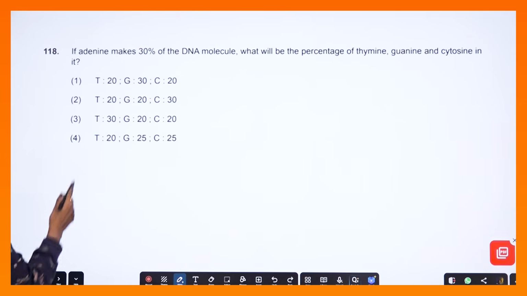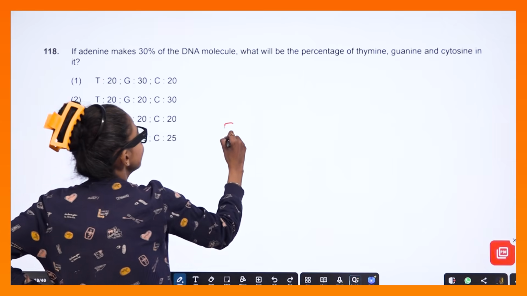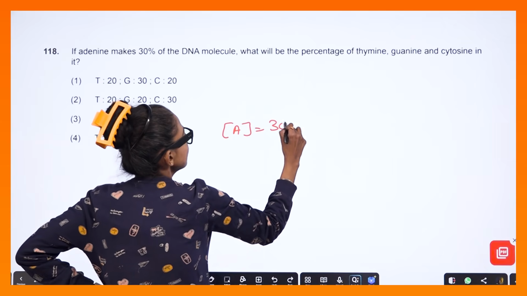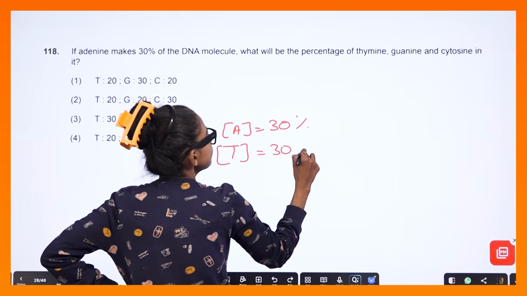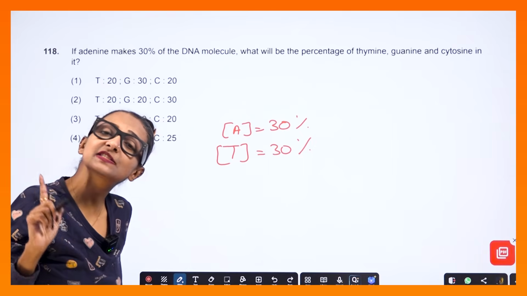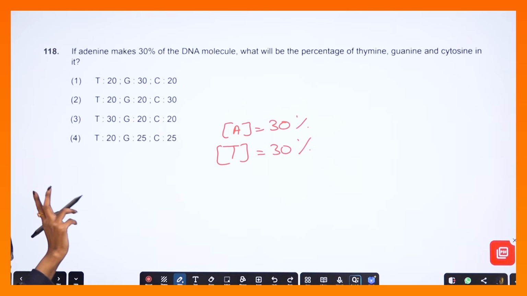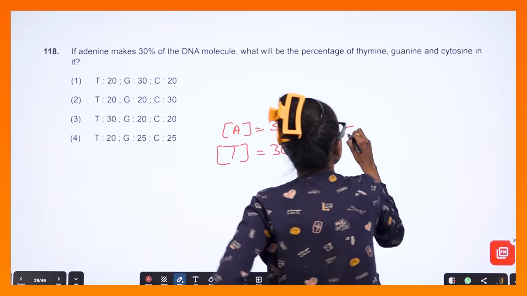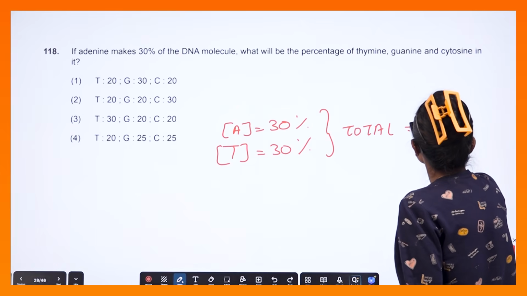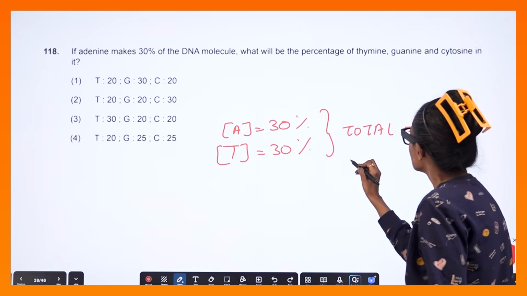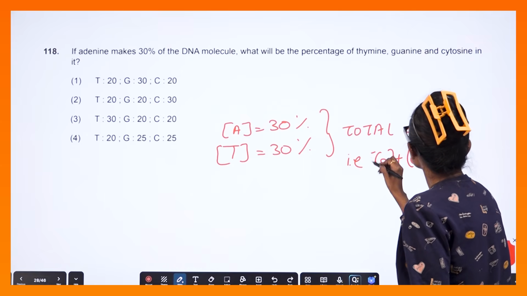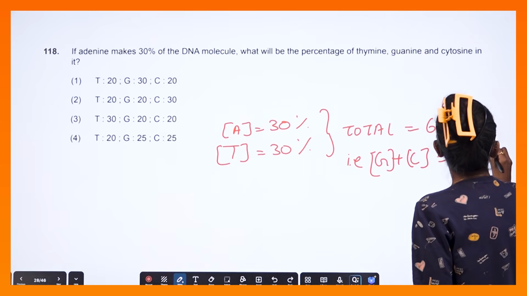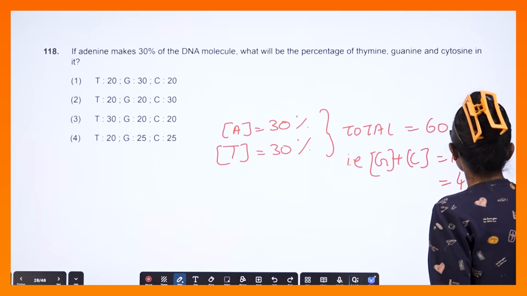Now, there is this question on the molecular basis of inheritance. If adenine is 30%, then automatically thymine should be equal to 30%, because adenine base pairs with thymine with two hydrogen bonds, correct? So the total is 60. G plus C, guanine and cytosine, will be 100 minus 60, which is 40.